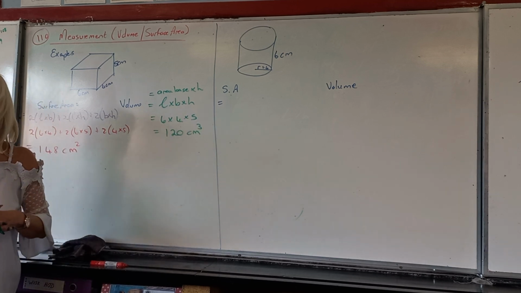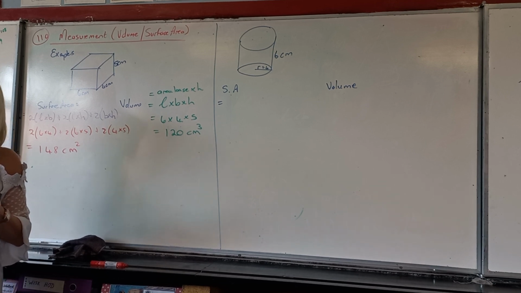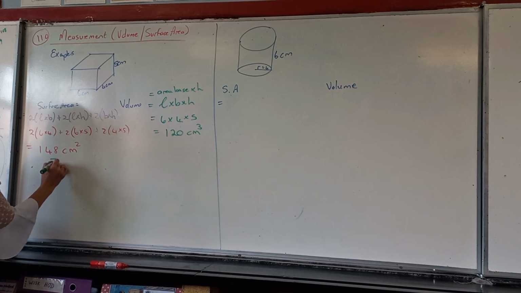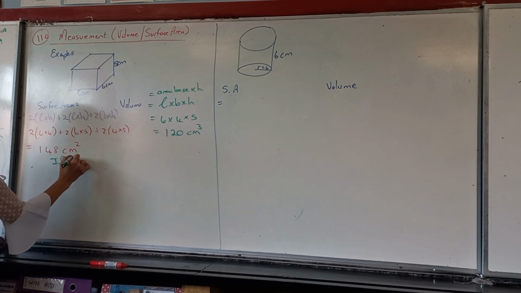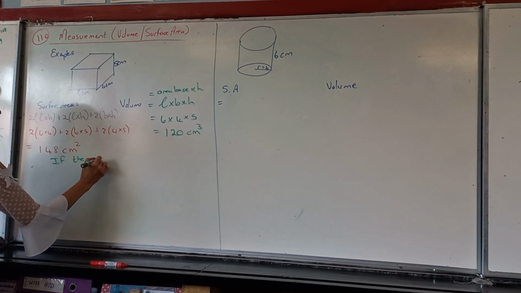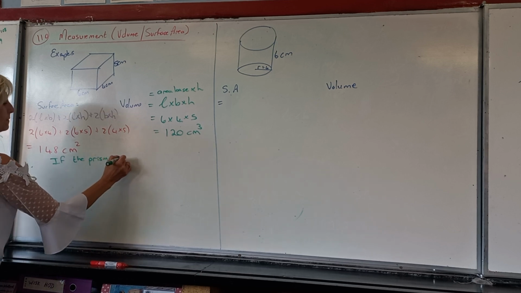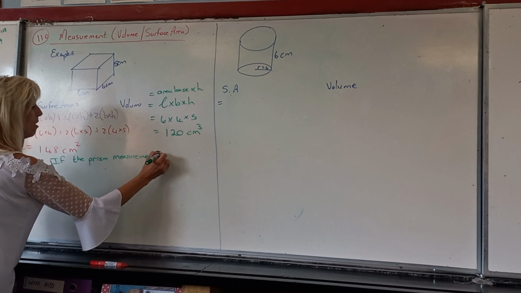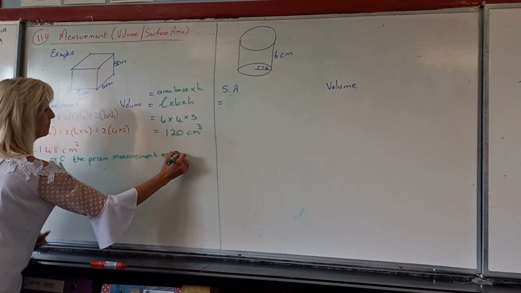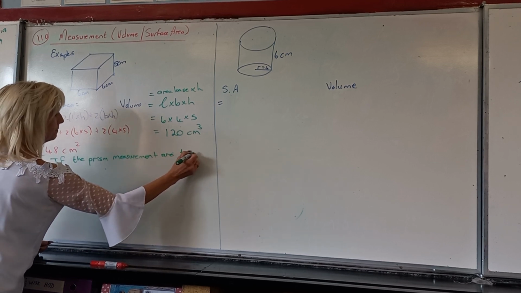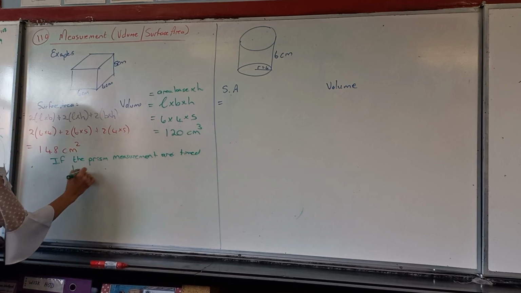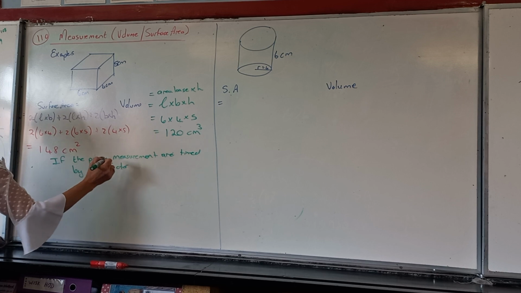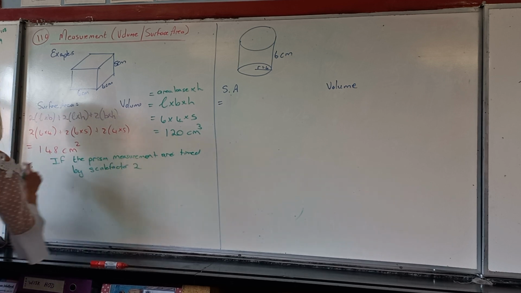Here's the part that I want to emphasize, because you did do this in grade 10 as well, and I'm sure you forgot. So if the prism measurements are increased or timed by scale factor 2, what will the answer then be?